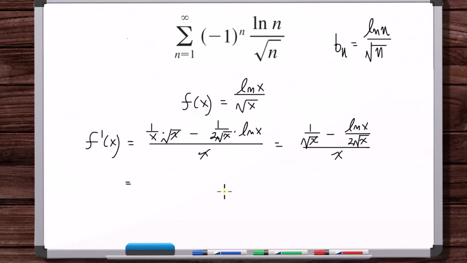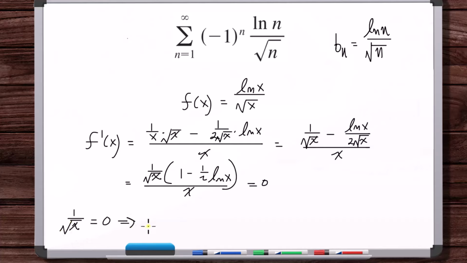So we can factor out a 1 over root x. When does this equal 0? 1 over root x can never equal 0.